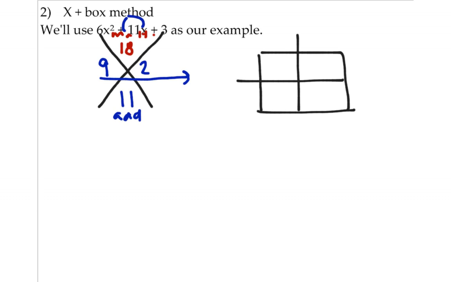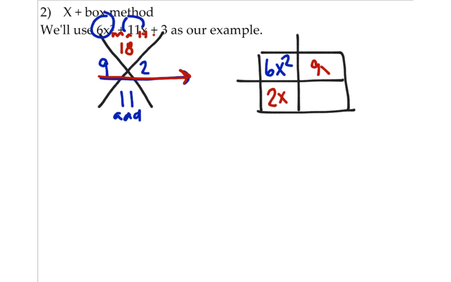It has 4 spots. In the first spot, we are going to put our 6x squared. It's always from the original problem. The 9 and the 2 come along. 1 goes in the top right, the other goes in the bottom left.